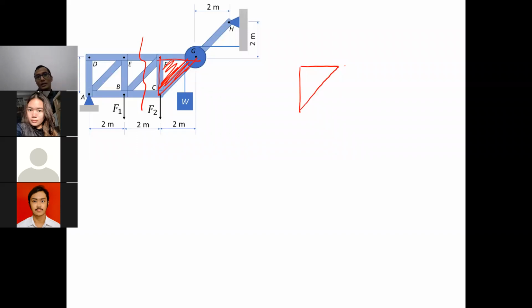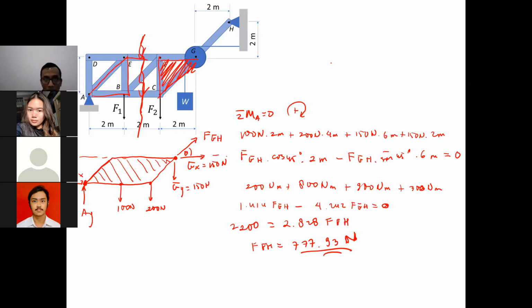Okay, and what forces do we have there? This one is C, this one is F, this one is G. Actually, we can see all these external forces will be there, right? And we are left with E and the three remaining members that we cut just now.